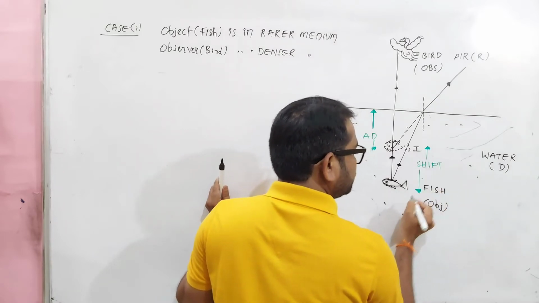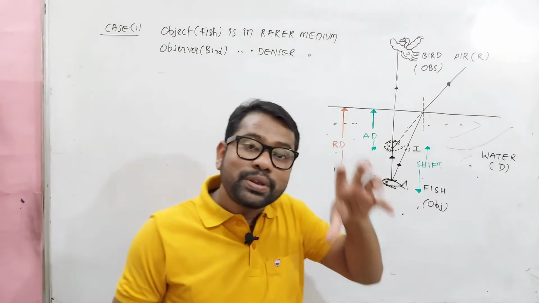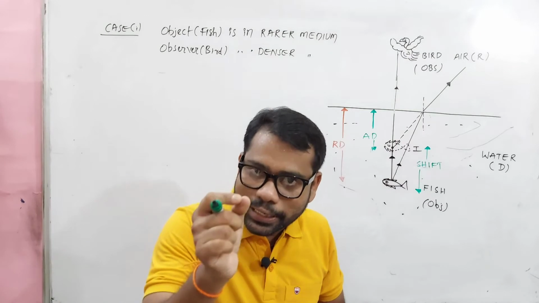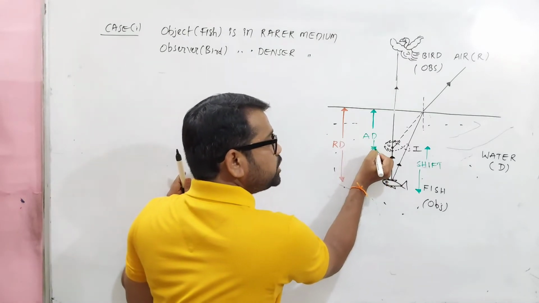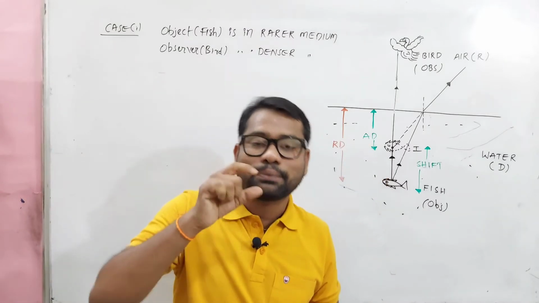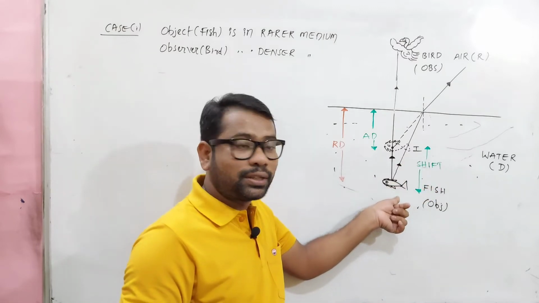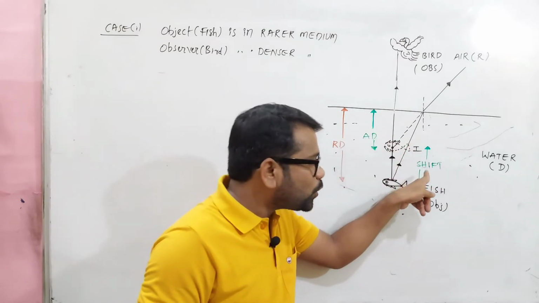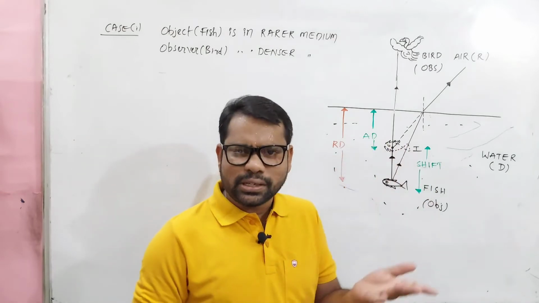So children, try to understand here. What is real depth? The depth at which the object is situated is called real depth. What is apparent depth? The depth at which the image is formed is called apparent depth. What about shift, dear children? The distance through which the image is raised is called shift. Now we will see how these three are related. Children, it's very simple.